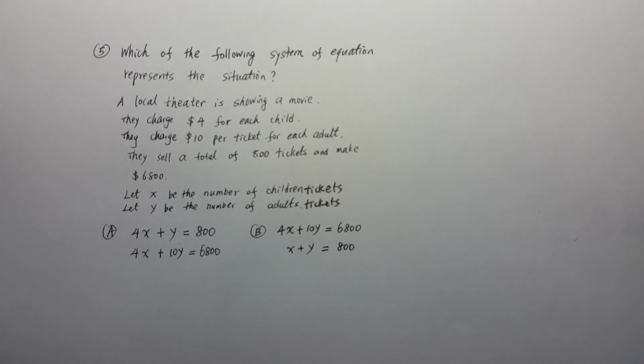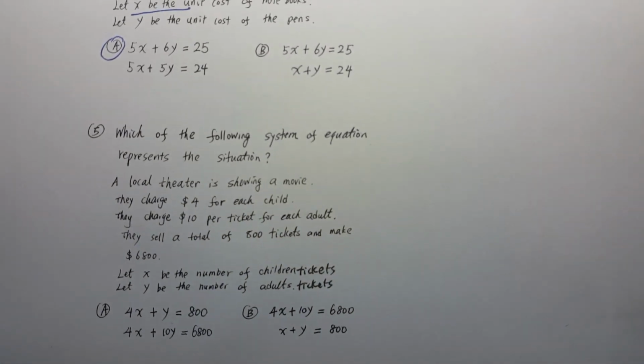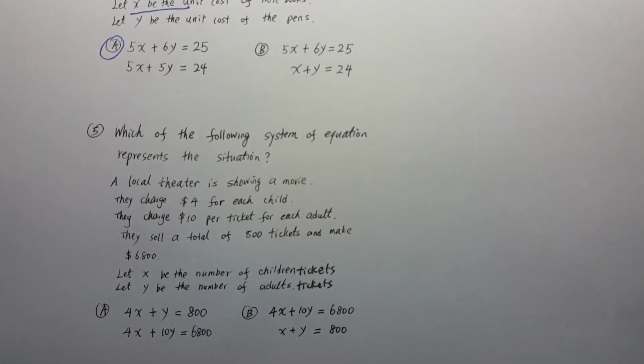Now I'm going to ask you to take a look at number 5. I'm going to give you a minute, and then you're going to see which one represents the situation, either choice A or choice B. Which of the following system of equations represents the situation? A local theater is showing a movie. They charge $4 for each child.